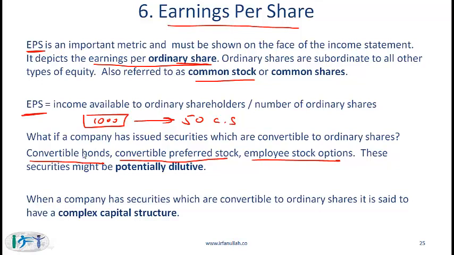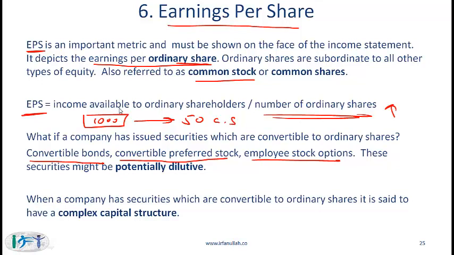Notice that with these convertible securities, there is a possibility that they will be converted, which would mean that the number of common shares will go up. In other words, the denominator over here would go up, and these convertible securities also have an impact on the numerator, which we will see over the next few slides.